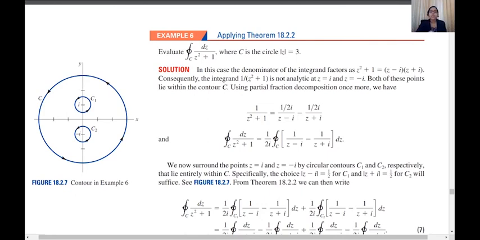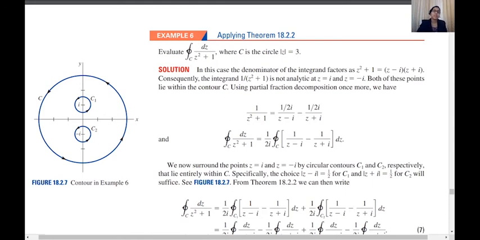Now let's check whether the function is analytic or not. What is the function? f of z is 1 by z square plus 1. Now where are the points? When we simplify, z square plus 1 can be written as z minus i into z plus i. So i and minus i are the 2 points where the function fails to be analytic.